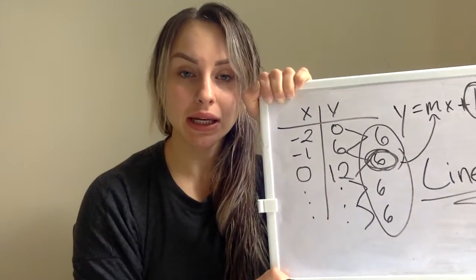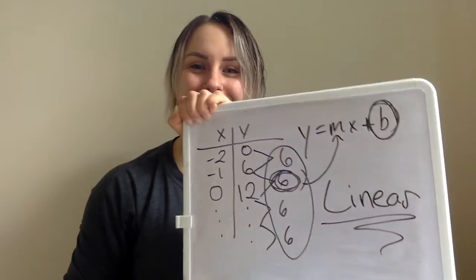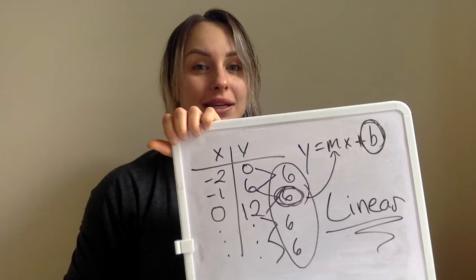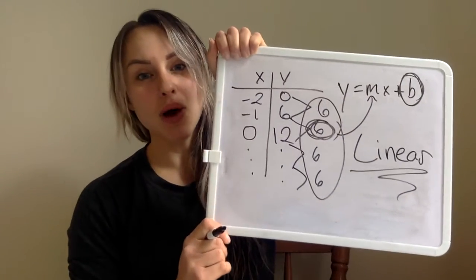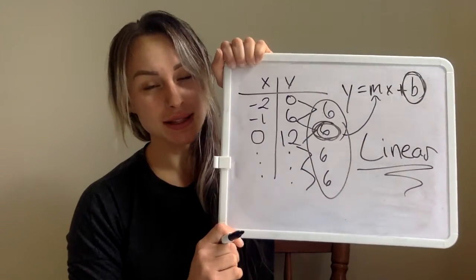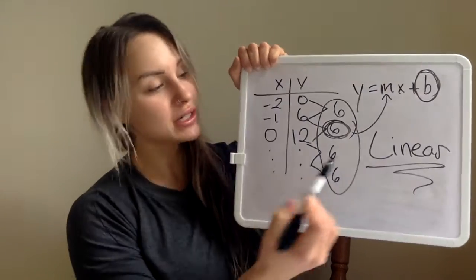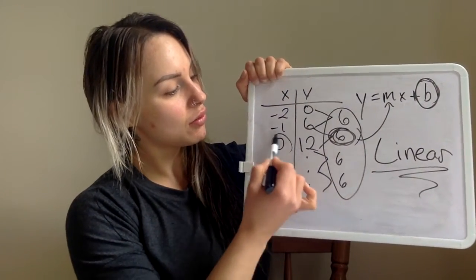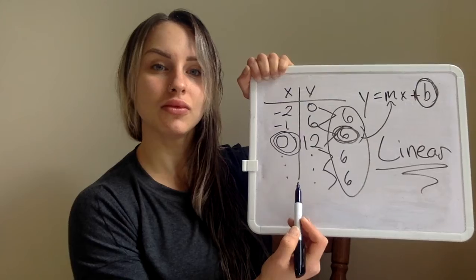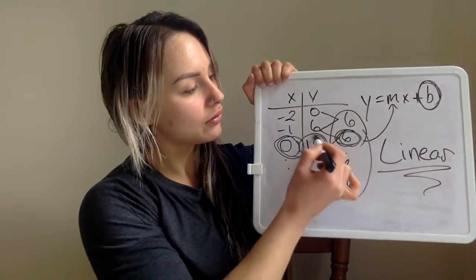So what we can also take from this is our b. Our b is the y-intercept when x is 0. So if we take a look over here, when x is 0, y is 12.